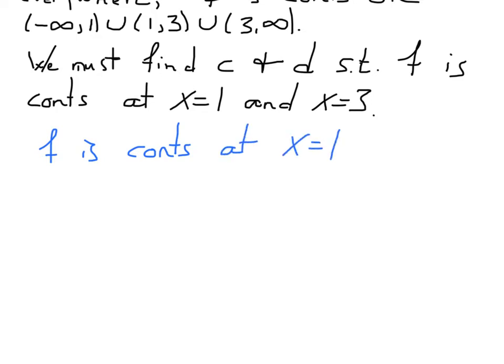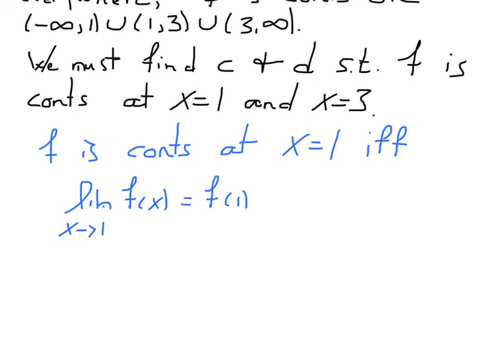Well, we just go to our definition of continuity at x equal to 1, and it says that f is continuous at x equal to 1 if and only if the limit of f of x as x tends to 1 is f at 1.